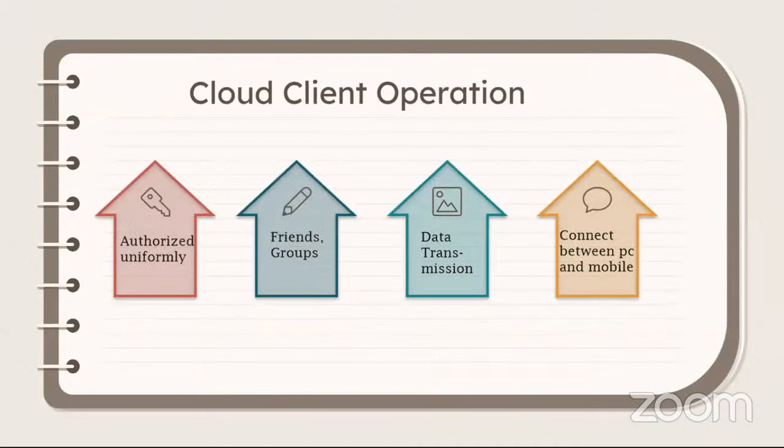As I said previously, cloud client operation can be authorized uniformly, even with groups of friends, other employees, or your team members, by using SuperMap Online. It also has data transmission and can be connected between PC and mobile.